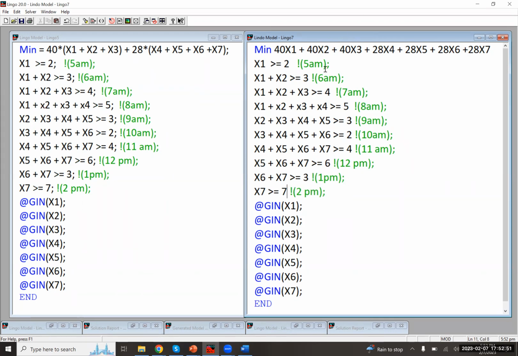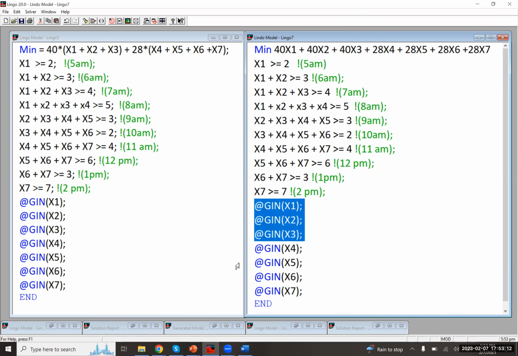You don't need to take out the semicolon in the comment section, because regardless, LINGO takes everything after the exclamation mark as the comment. So it really doesn't matter. You can still delete it if you want, but you don't need to.